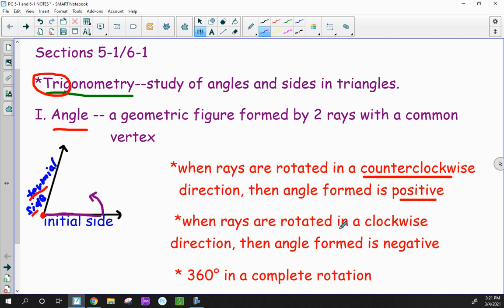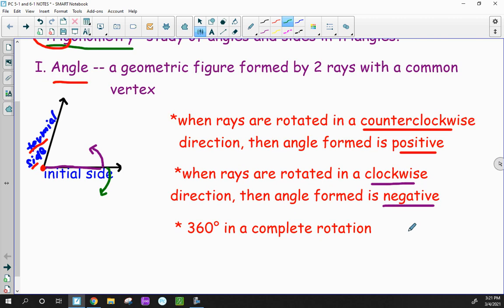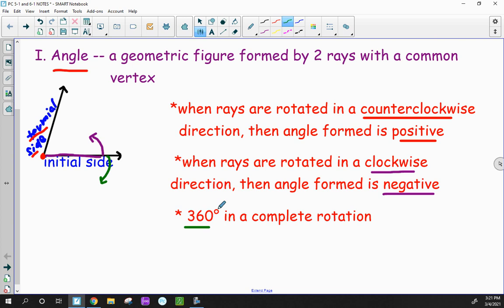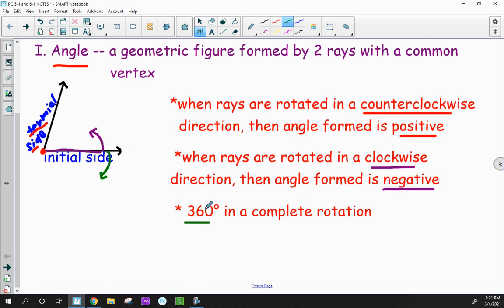When rays are rotated in a clockwise direction, the angle formed will become a negative. We also can take this initial side and swing the angle open underneath, like imagine in the fourth quadrant, and any angle that moves in a clockwise direction is a negative answer. Remember from the past that there's always 360 degrees in a complete rotation.